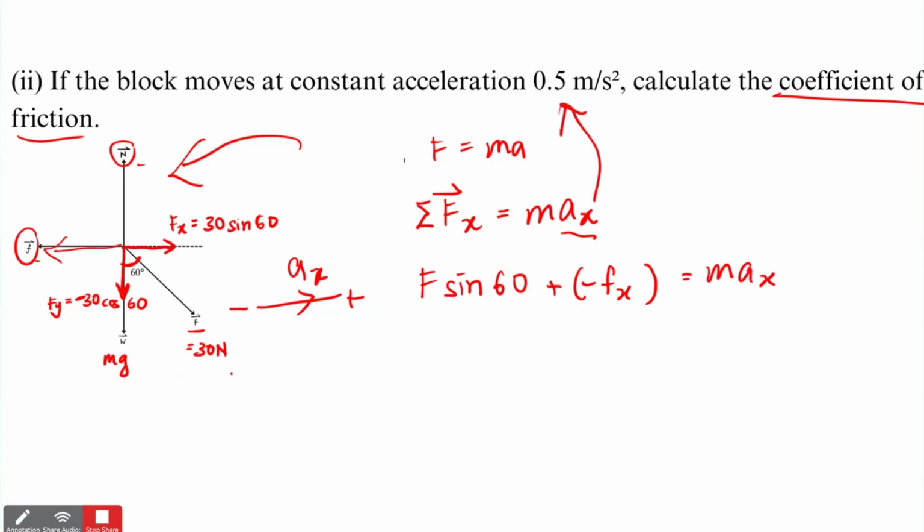Now we substitute all the values: 30 sine 60 minus friction equals m, 2.0, times 0.5.